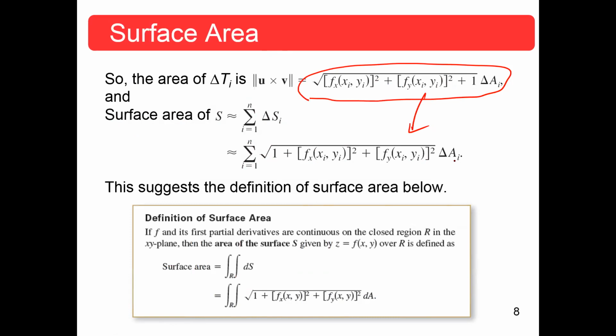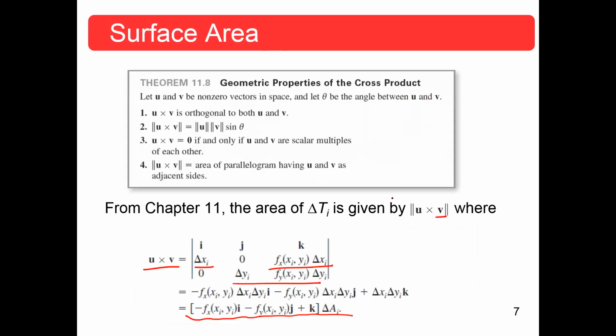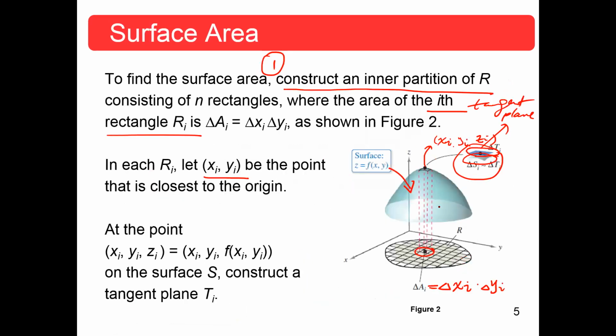Let me very quickly go back to our original graph that we had over here. What we are talking about is basically decomposing the surface area based on your region R here. Each small rectangle in the region R would match a small part of the surface area. So for this part, it will also match a small surface area.